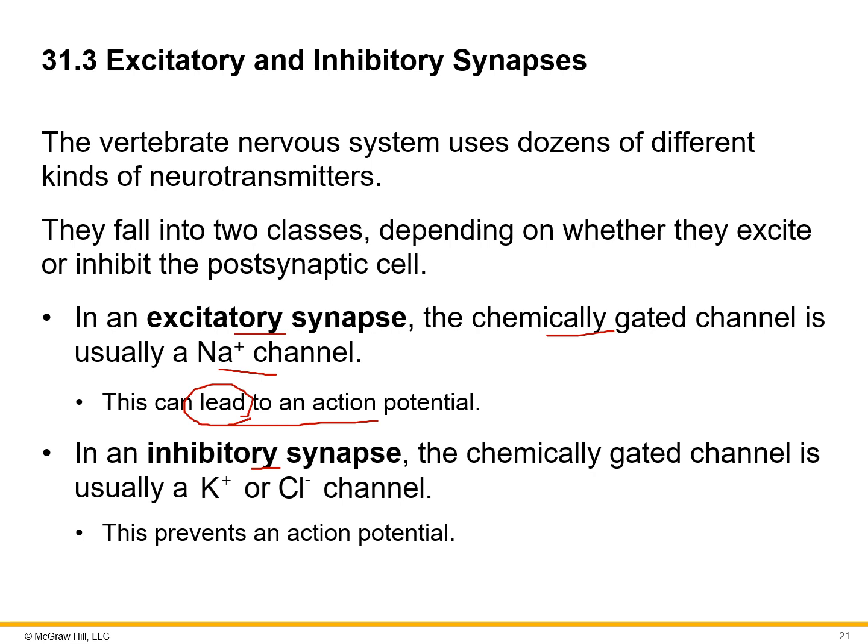Now, an inhibitory synapse still releases a ligand, but when that ligand binds to a channel, it is something like potassium or chlorine, and opening of those channels further makes the inside more negative, and that will prevent an action potential. So they're both causing ions to move through the membrane. The difference is that an excitatory synapse leads to an action potential and an inhibitory one does not.